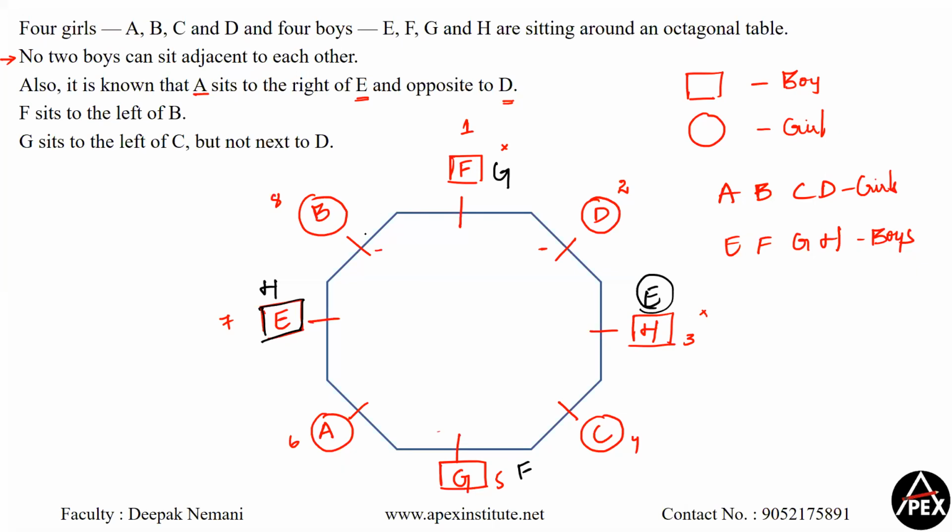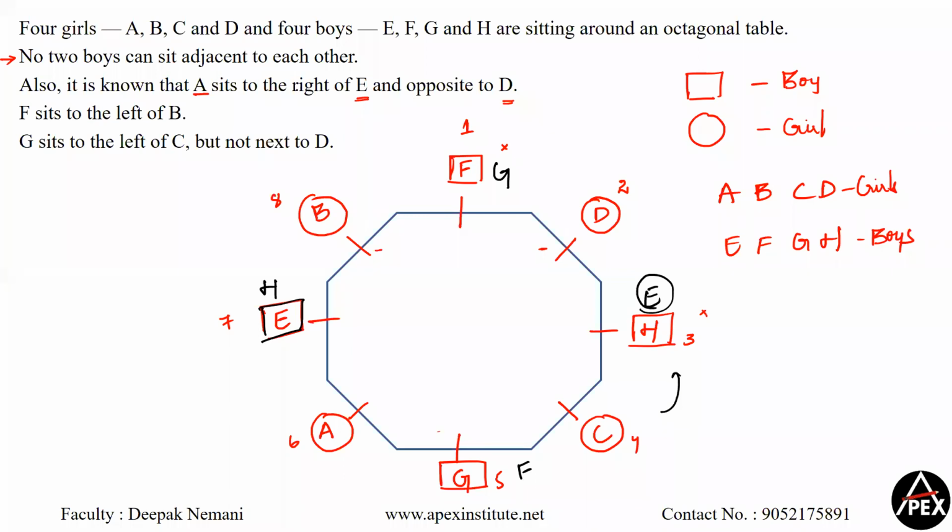Because what is the position of H? Immediate right to C, or I can say 7th to the left of C. Either I can say H is next to the right of C or 7th to the left, isn't it?